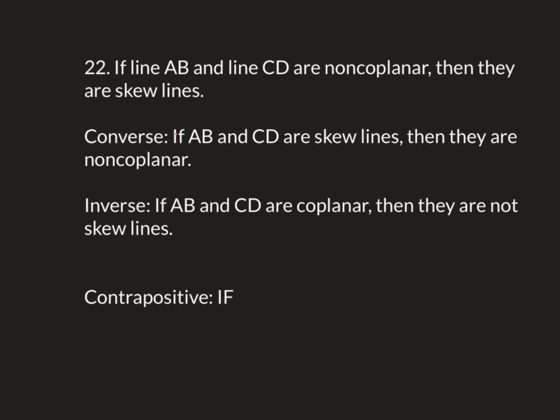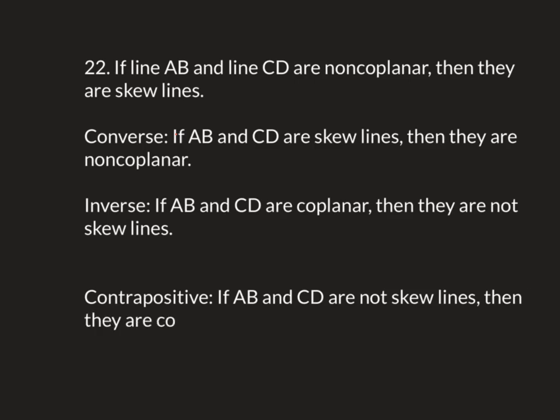So that would be if AB and CD are not skew lines, then they are coplanar. Right, and so for 22, all three of these are true. Apparently I switched colors while I was writing.